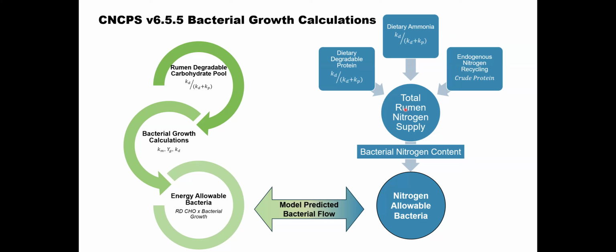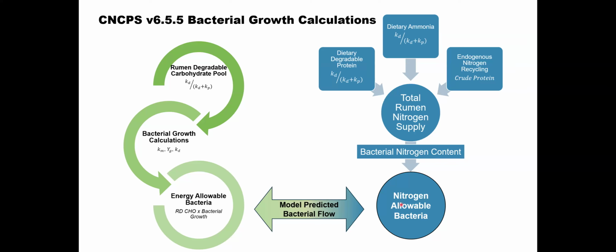Then that gets us to this total rumen nitrogen supply, and the bacteria have a certain nitrogen content, and that's going to dictate the demand, along with their maintenance requirement. And then that allows us to calculate the nitrogen allowable bacteria.